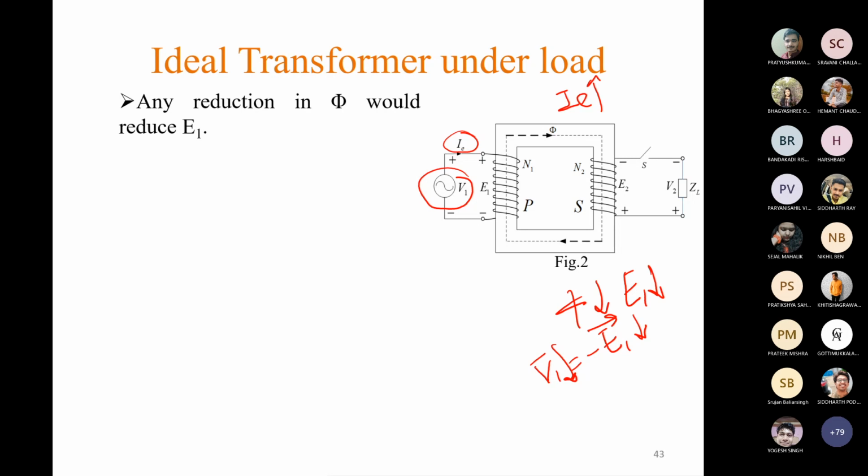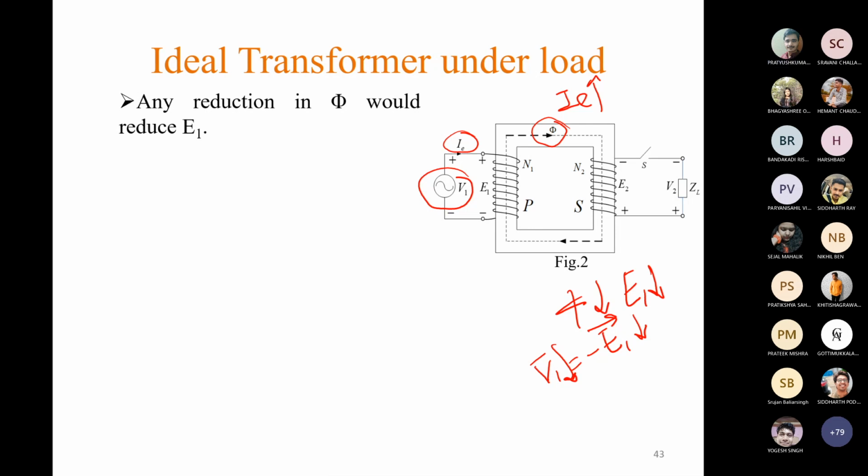So that effect has to be reduced by this current IE. Okay, so its value will increase. So some portion of IE will nullify the effect of I2, and the rest will produce the same amount of flux. In this way, this flux value phi remains constant. Is it clear? Yes, sir.